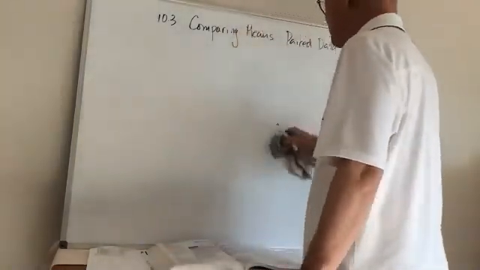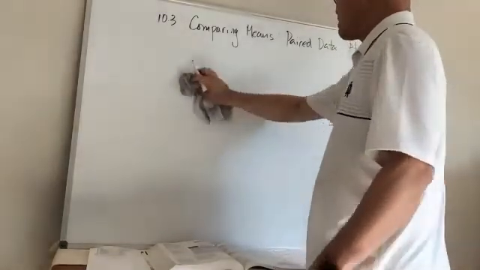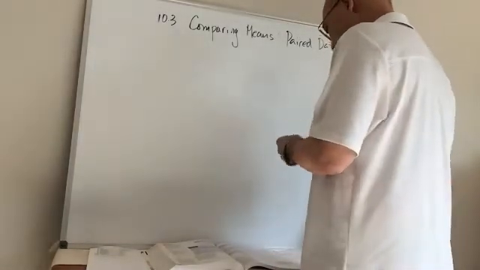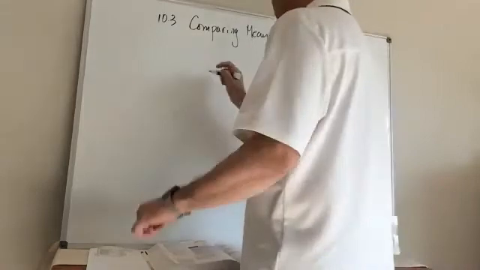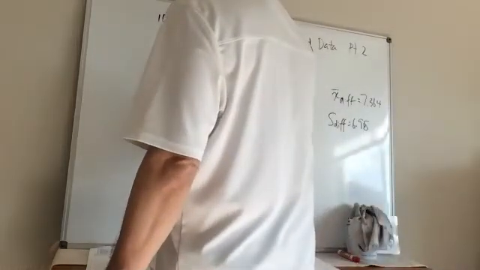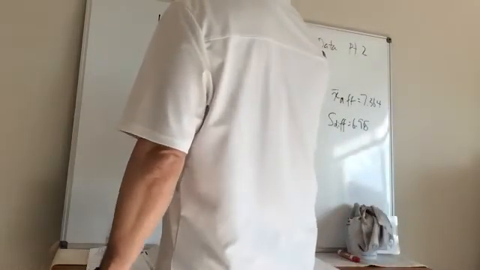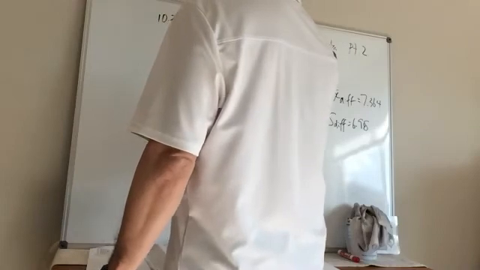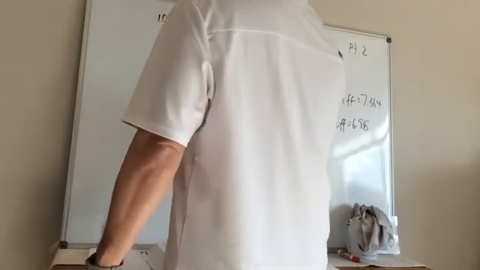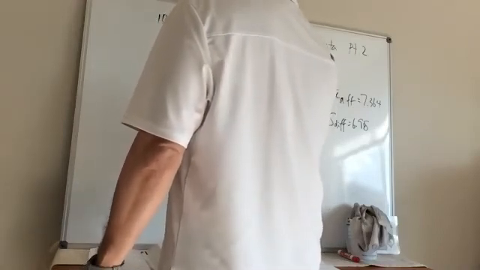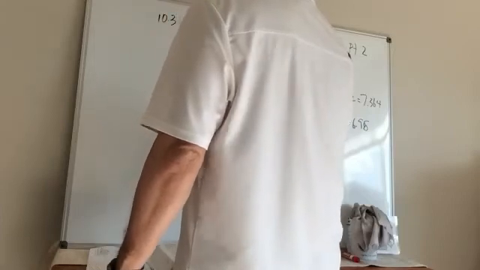How do we find the t star? T star is equal to x diff minus 0 over s diff over the square root of n.